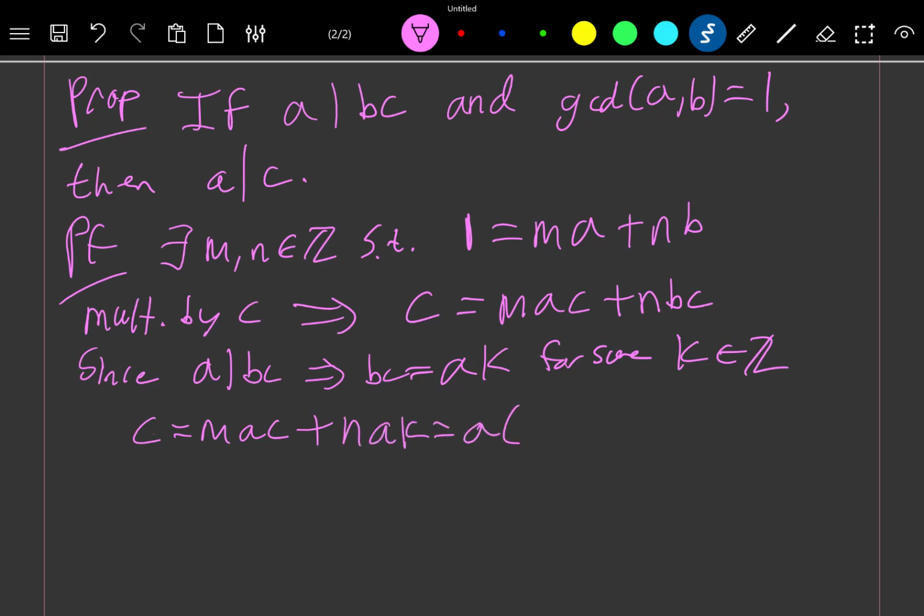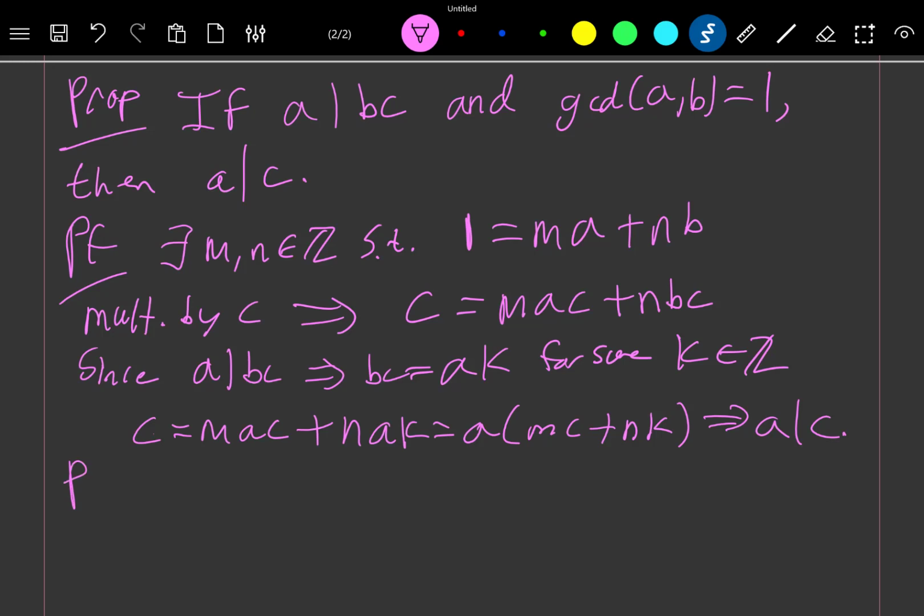Factor out the A: A times (MC plus NK). So this just says that A divides C. So we just showed that if A divides BC and the GCD is 1, then A divides C.